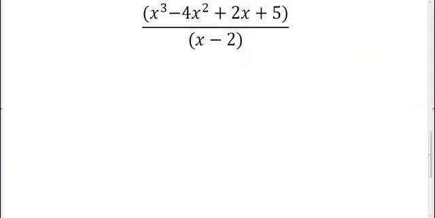And for our last example, we'll do one that will have a remainder. So we're going to take x cubed minus 4x squared plus 2x plus 5 and divide that by x minus 2. Again, we're going to write it out just like this. So we'll have x cubed minus 4x squared plus 2x plus 5.